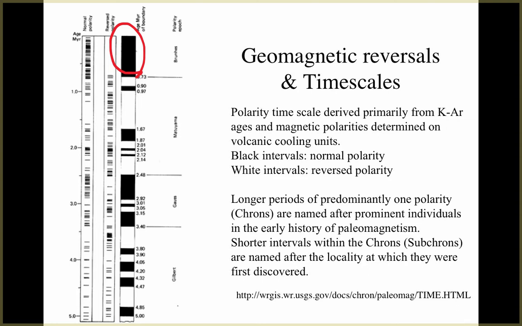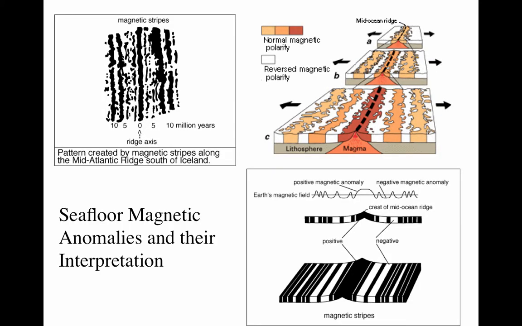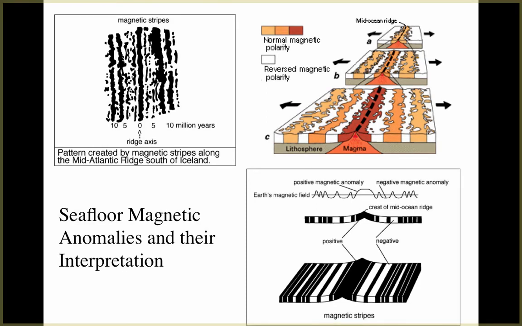But if we go back to 1 million years, we would find that the polarity was reversed. And the polarity of the Earth's dynamo has flipped at shorter and faster rates throughout geological history. These geomagnetic reversals are best exemplified with the seafloor magnetic stripes that were one of the first strong pieces of evidence in favour of continental drift and plate tectonics.